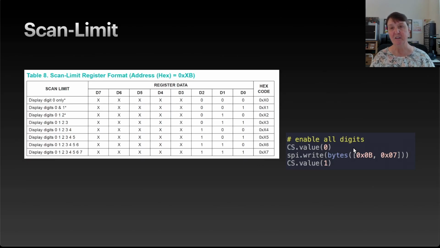And so here's an example of enabling all the digits. So I'll just send in the 07 in hex, and I address the 0B. I send it to the 0B address. So that's how I get the digits enabled. And if you don't do that, you won't be able to use them all, because I think it defaults to this one, if I'm remembering correctly.